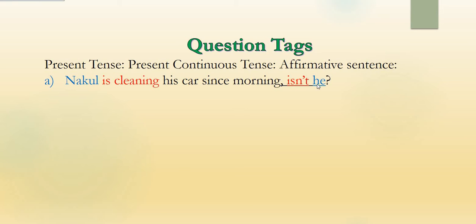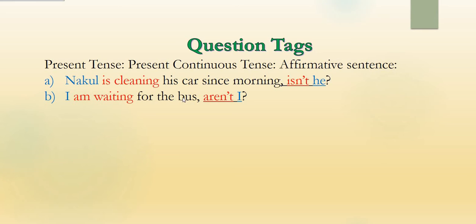Nakul becomes he. If you want to convert a sentence into a question by adding a question tag at the end of the sentence, you should be worried about only the auxiliary form of verb and the subject only. Rest of the sentence is not required.